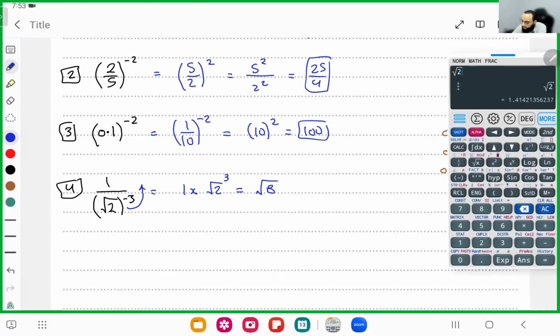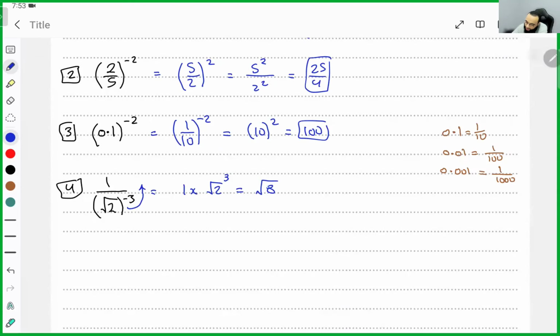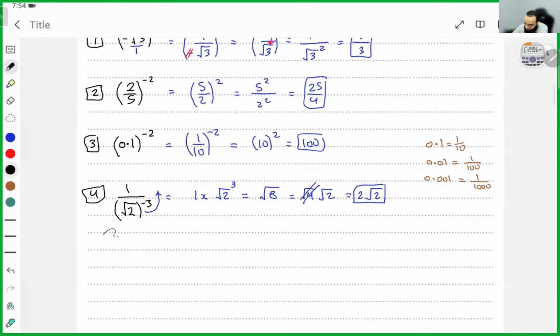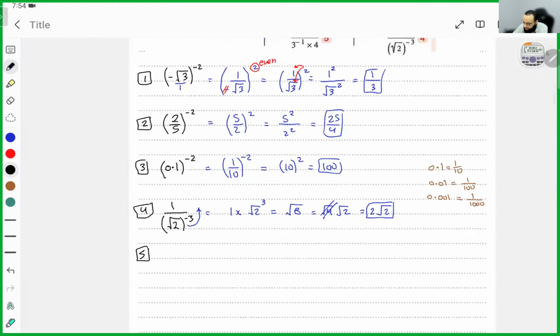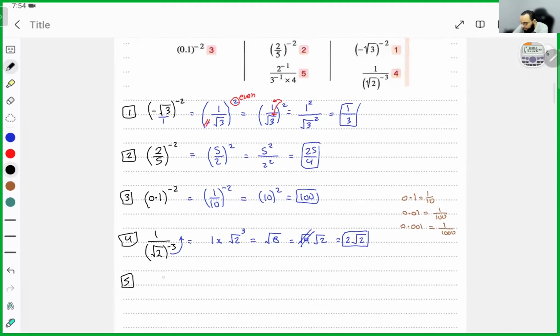Root 2 to the power of 3 is 2 root 2, which is root 8. You know, root 8 is 2 root 2 also, because it's root 4 times root 2. 8 equals 4 times 2, and root 4 equals 2. Then root 2 beside it, so it's 2 root 2. So I can write both of them in the exam. But take care about the question if it is multiple choice. You have to get the one in the choices.